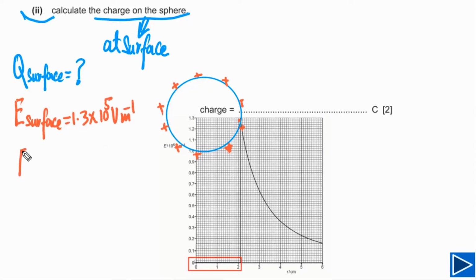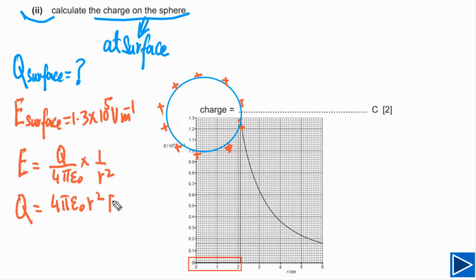We also understand that for a point charge, or for a charged sphere, the electric field is equal to Q over 4 pi epsilon naught times 1 over r square. In this case, we need to calculate Q. So we can rearrange this, and Q will be equal to 4 pi epsilon naught times r square times E.